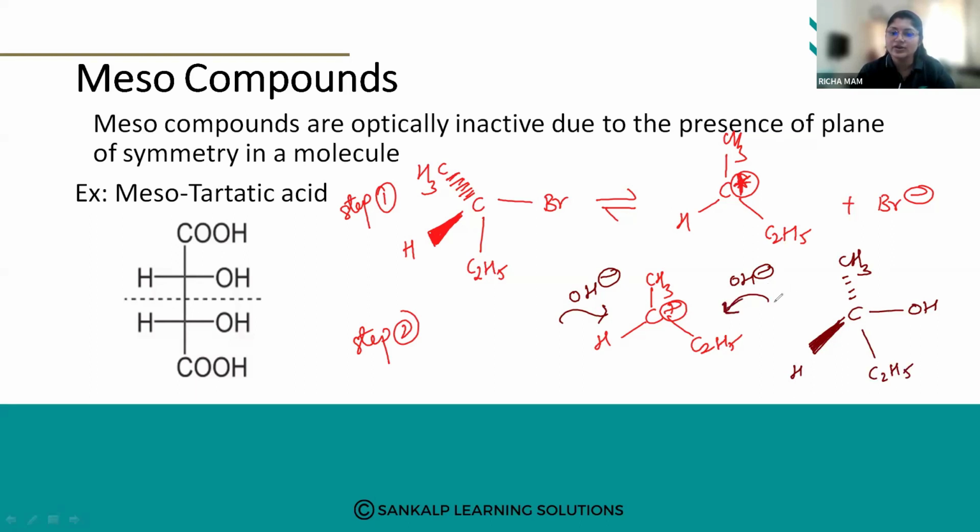If the attack is from here, it will be HOH, then C2H5 and H. Here it will be a dotted line. So this is the stereochemical aspect. If it attacks from the front side, it will be retention, and here it will be inversion. So a racemic mixture is formed.